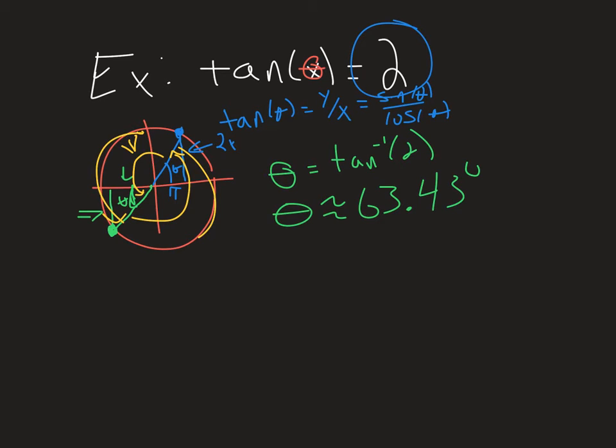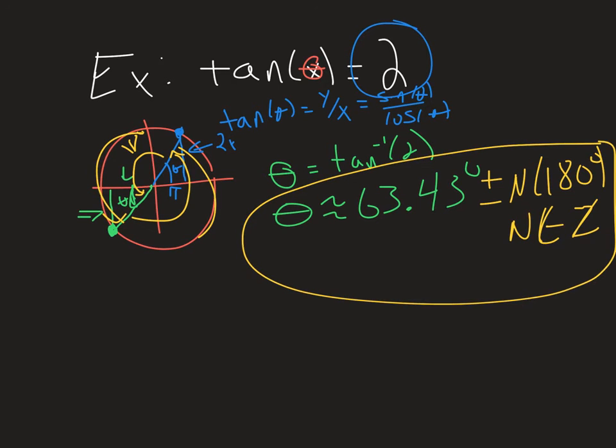So once you find one, you can literally just put plus or minus any multiple of 180 degrees, where n, in this case, would be an integer. This would ultimately be your solution. Any of those would have a ratio between your base and your height of 2. So 63.43 degrees would be the simplest, but we can also allow for the other quadrants to take play.